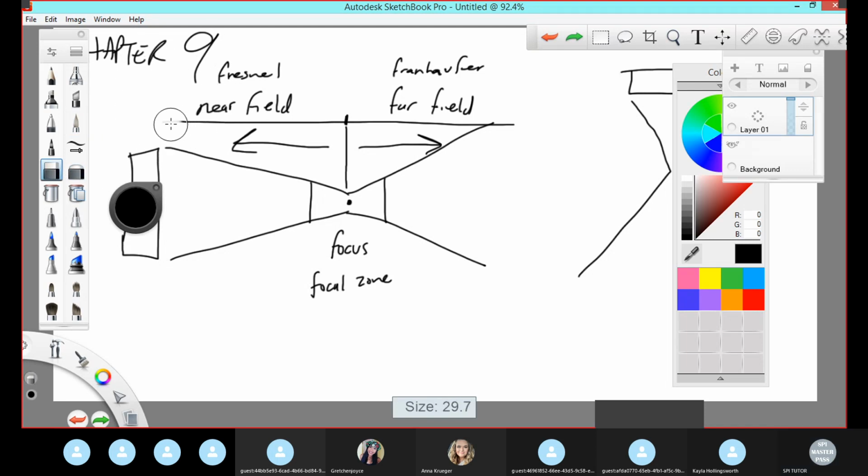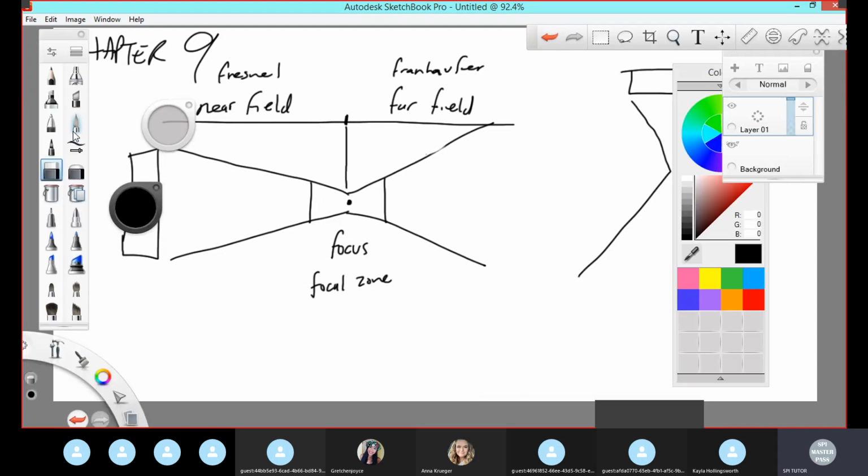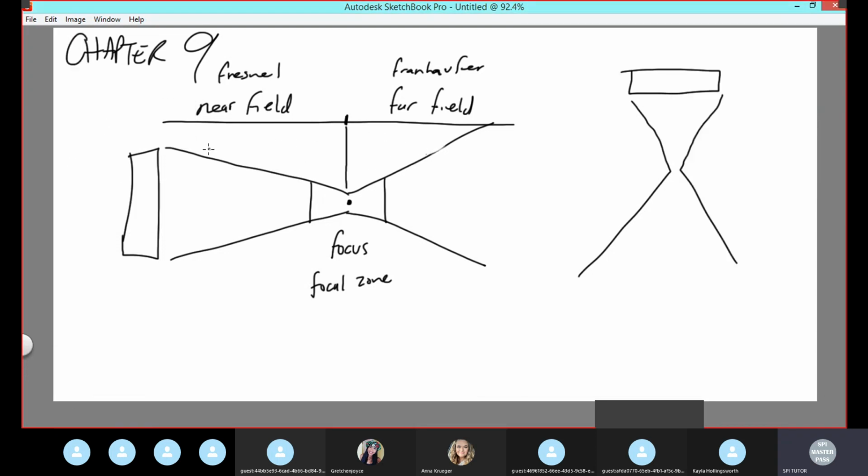I know in some of the review questions in the book, they discuss this because they're doing a chapter review and have to ask you everything about the chapter. So they'll tell you that your near field, let's say, is 8 centimeters long, and that the width of your crystal is 6 millimeters wide. These are the only two numbers they will give you.